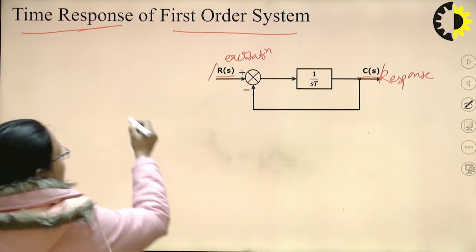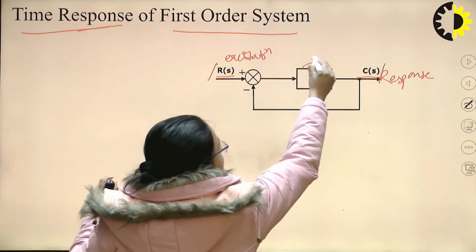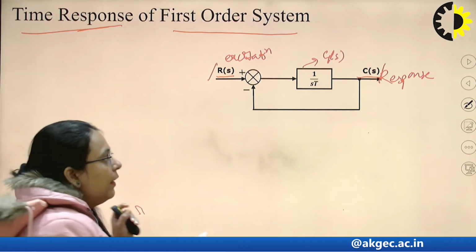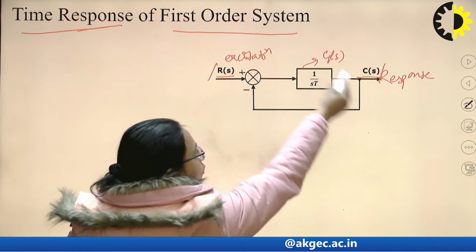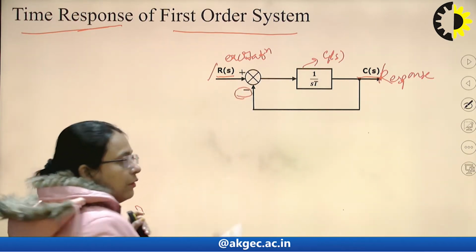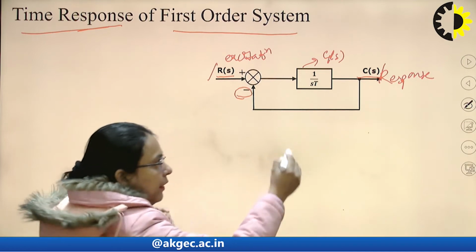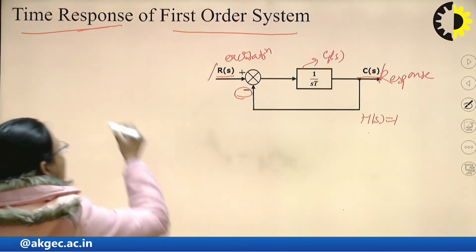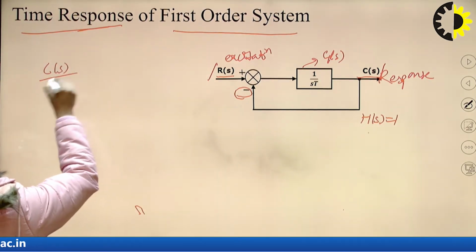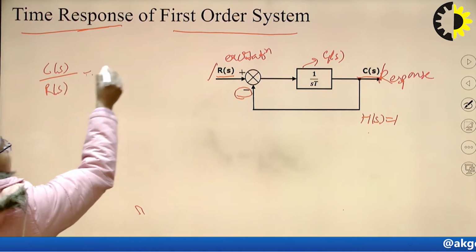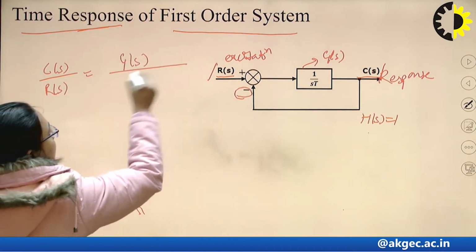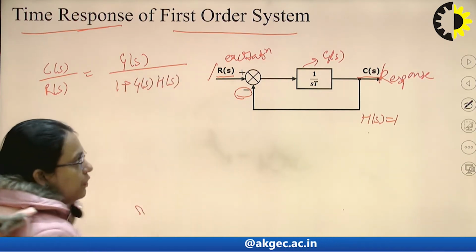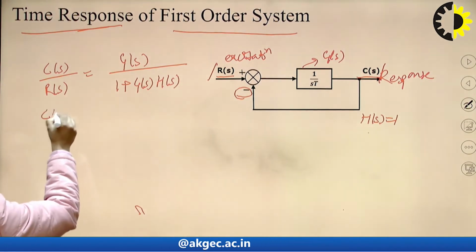Here you can see this is G(s), the forward path gain, and this is a closed loop control system with negative feedback, that is unity feedback. Here H(s) is equal to 1 for this system. So the transfer function of such a system can be defined as G(s) upon 1 plus G(s)H(s). When we put the value of G(s)H(s) here, we will get the transfer function of this system.